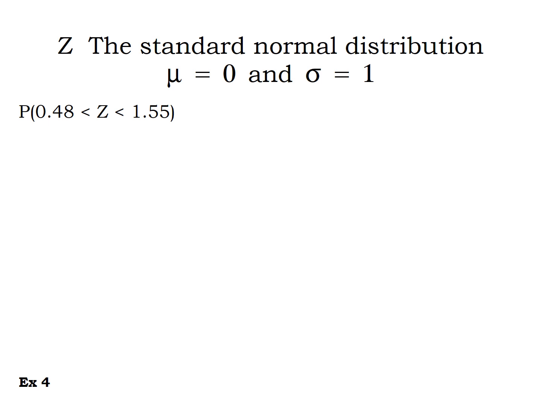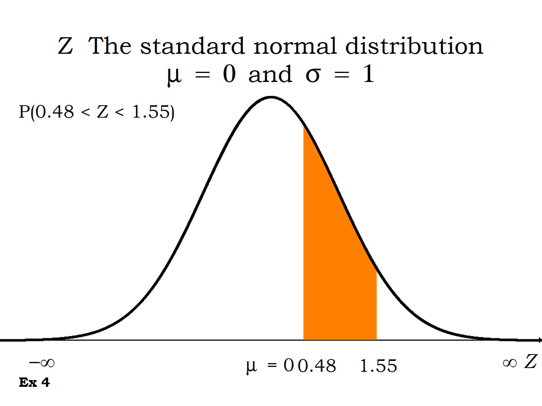For a third example, we want the probability that z is between two specific numbers, 0.48 and 1.55. Again, draw my graph. The probability that I'm between 0.48 and 1.55 is equal to the area trapped between those two z-scores on the horizontal axis and the graph up above, the probability density function.